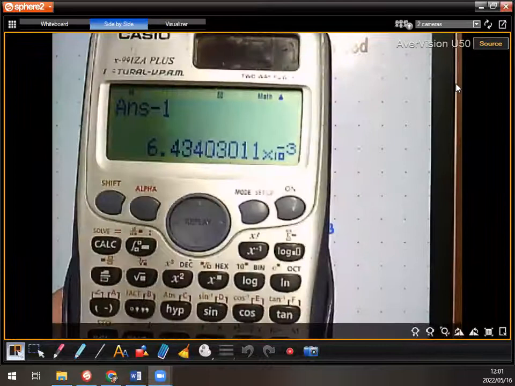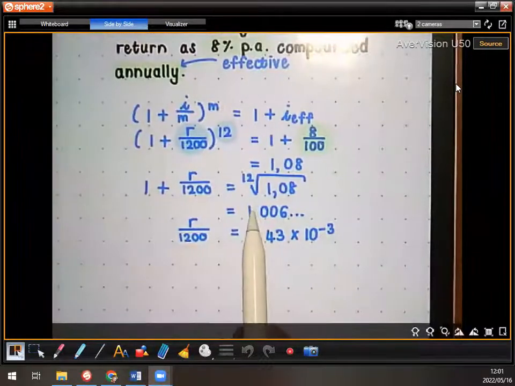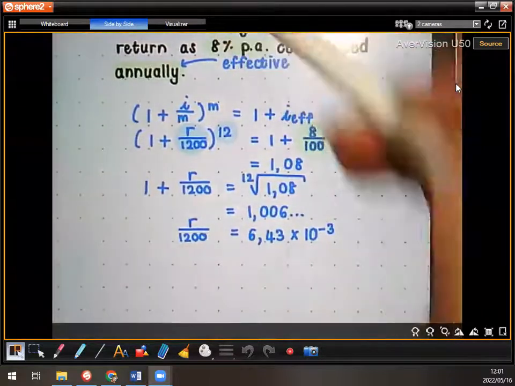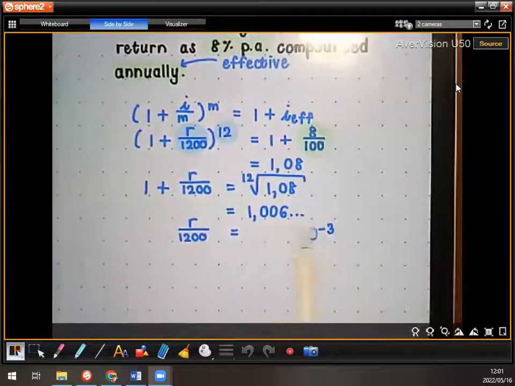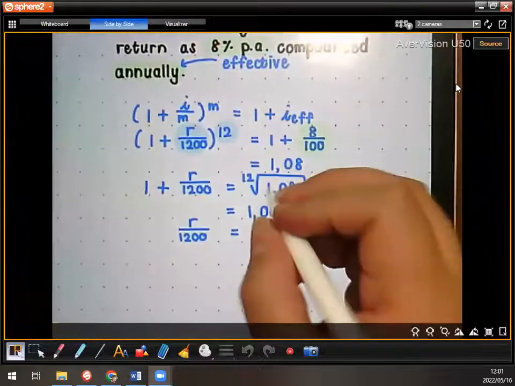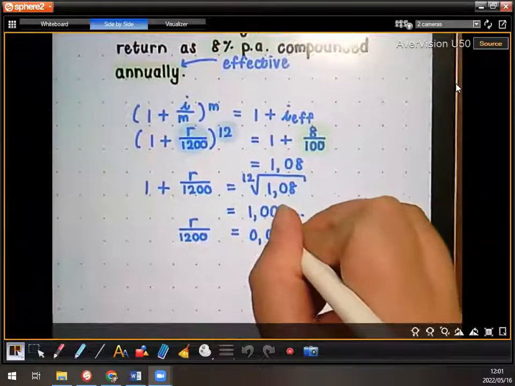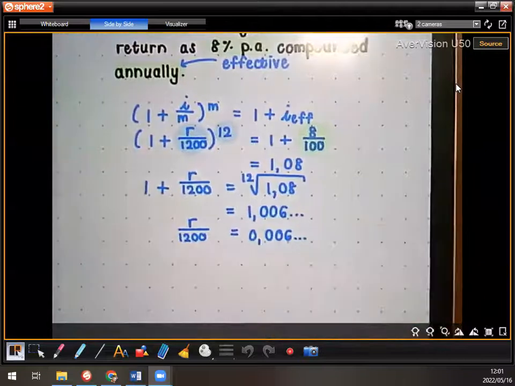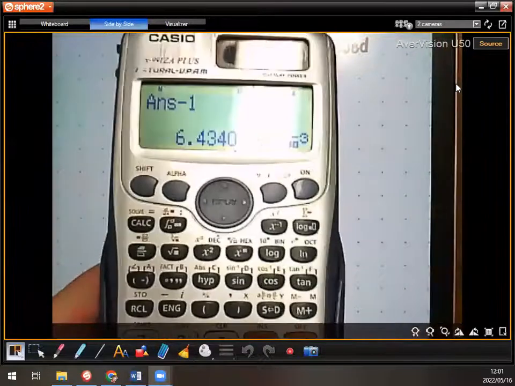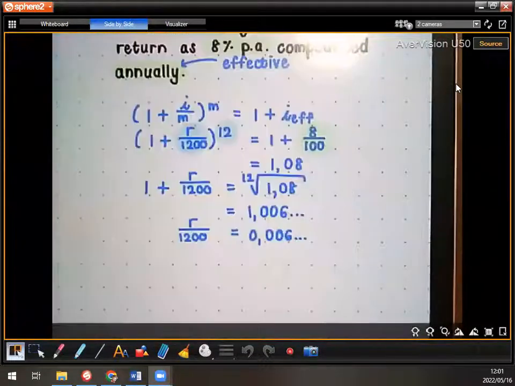But that's a lot of writing. What can you also just do here, guys? What is this minus 1? 0,006. So you don't have to actually write down what's coming out on the calculator. 0,006. We're capable of doing that, right? That's not too bad. Or you can write the scientific notation that's coming up. That's okay.